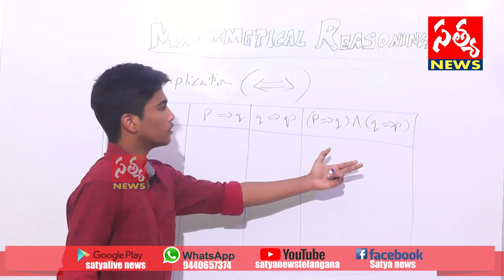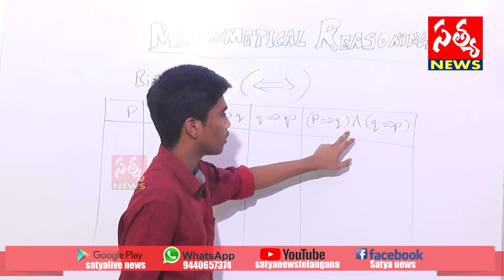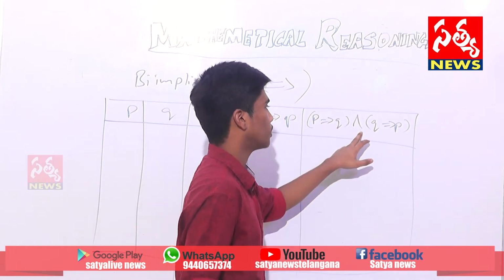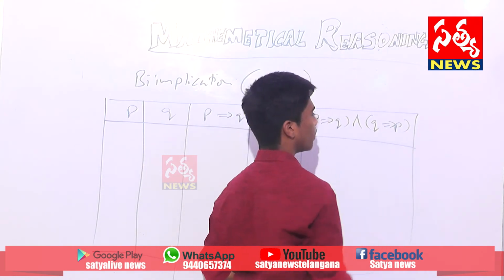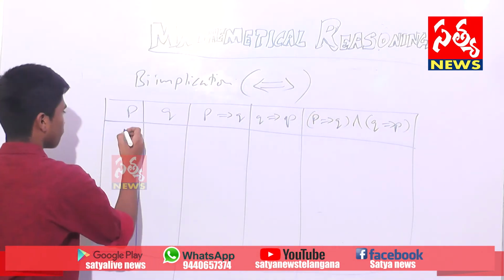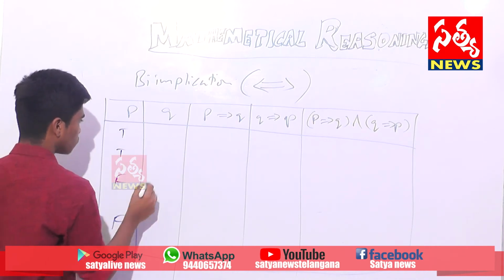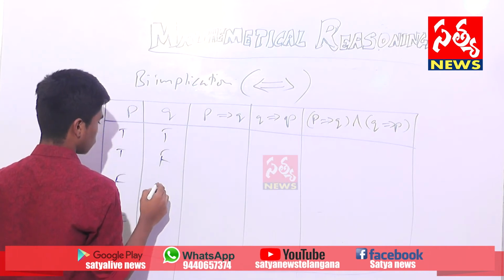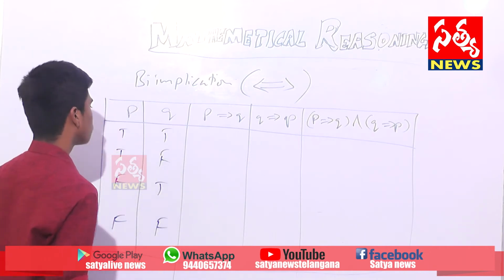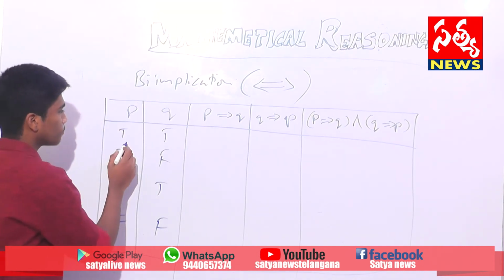Okay. This is the condition for biimplication. P conditional Q and that means conjunction Q implication P. Let's try true, true, false, false, true, false, true, false. Okay. These are the statements P and Q.